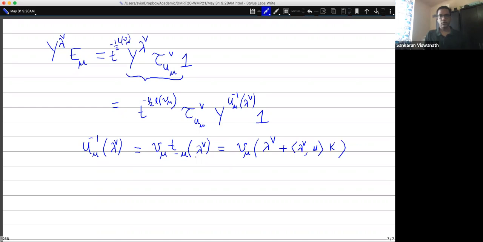Okay, and now, what is y raised to this element? I need to raise y to this element, and as we just said, when you raise y to the k, that gives rise to the q factor.